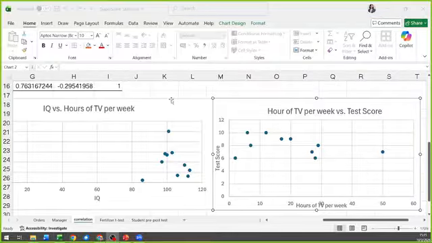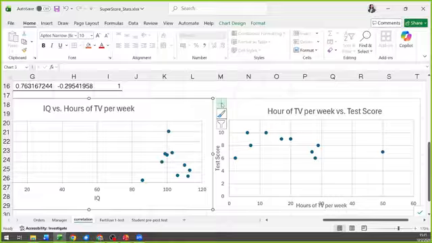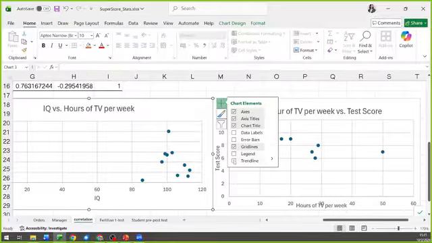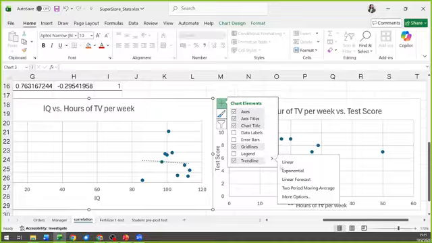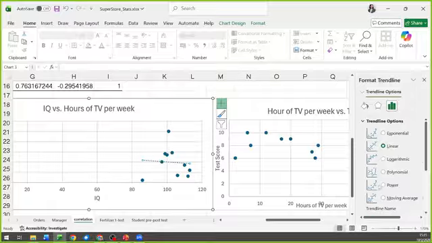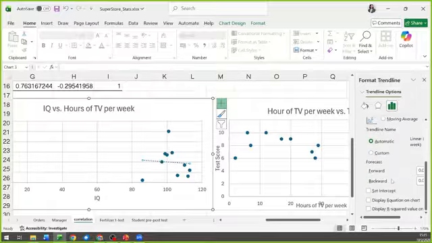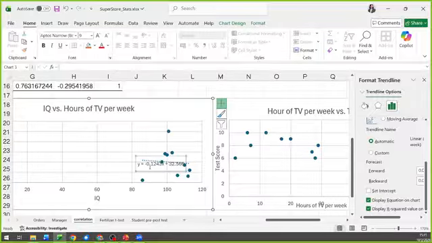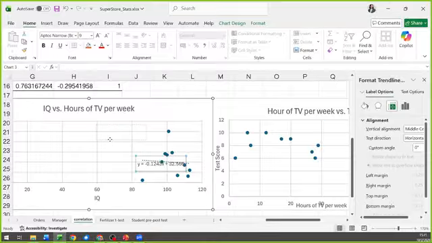Okay, so let's take a look at what happens if I add a trend line over here. Then I go to configure the trend line, more options, and display equation and r square.